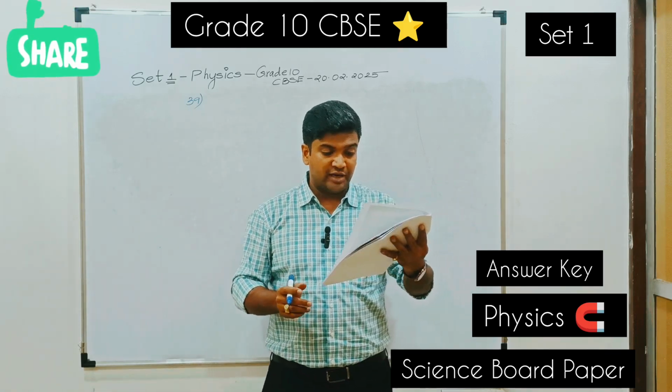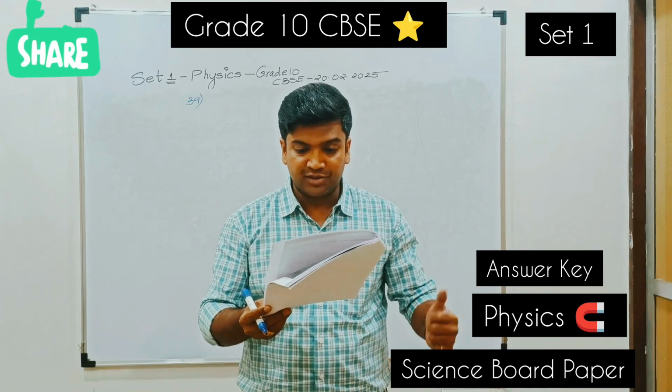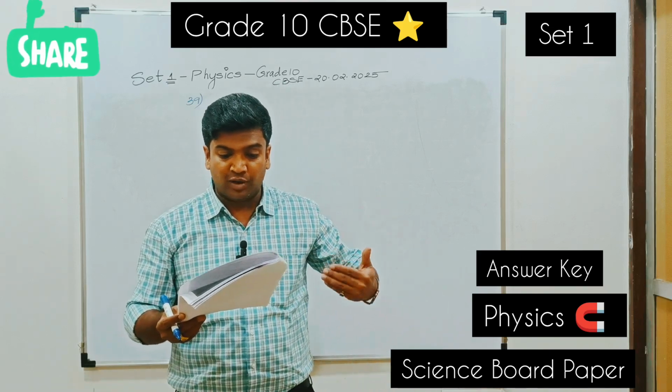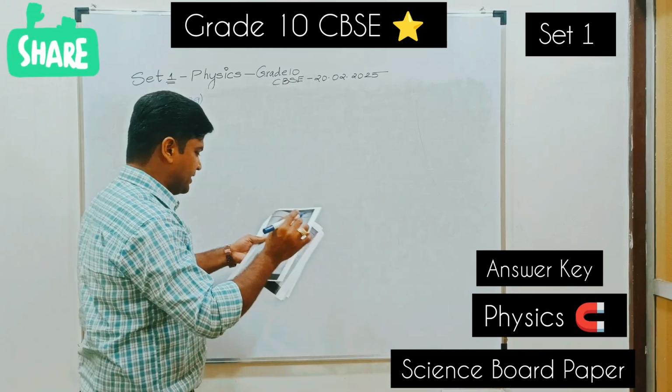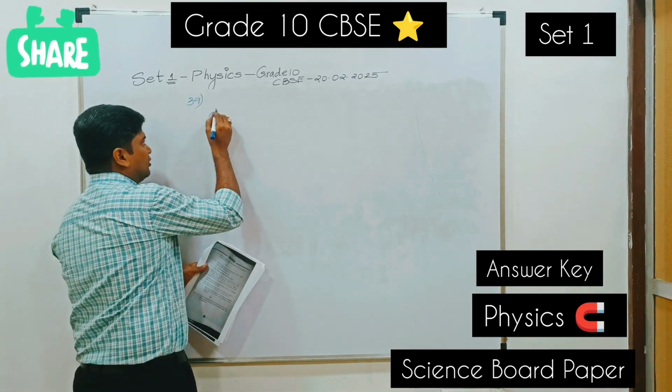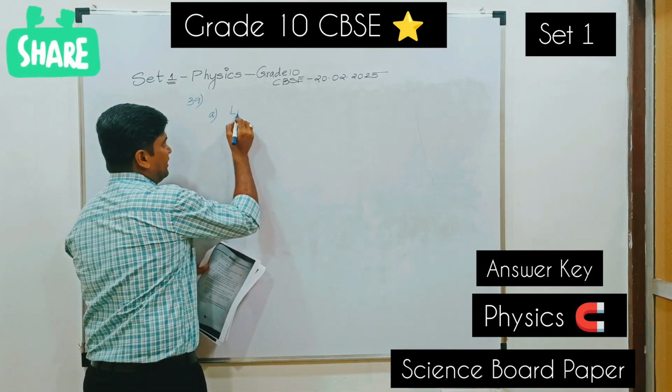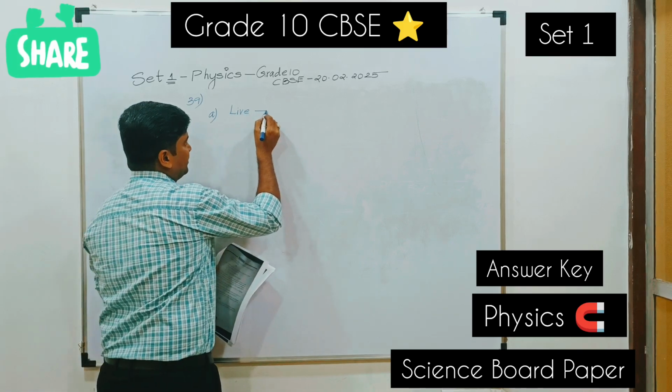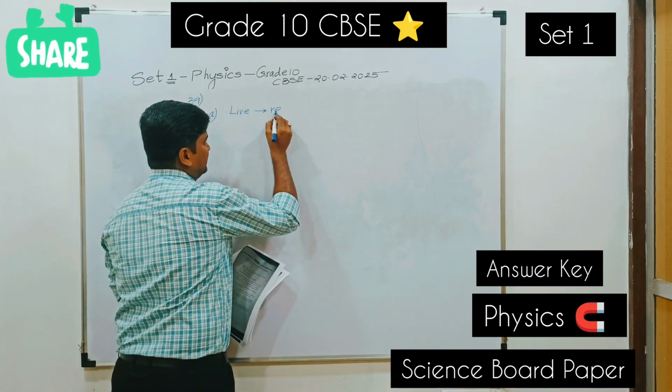Write the colors of the insulation covers of the line wires through which supply comes to our homes. I liked this question. If you remember the color coding, if it is live, you have red insulation.